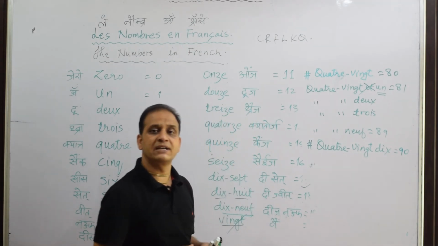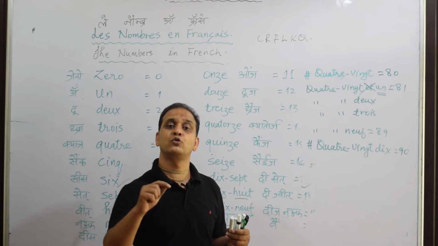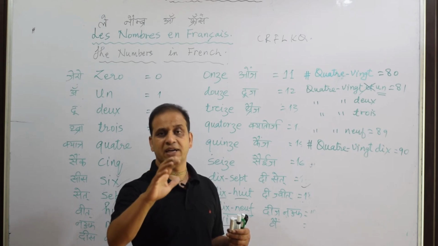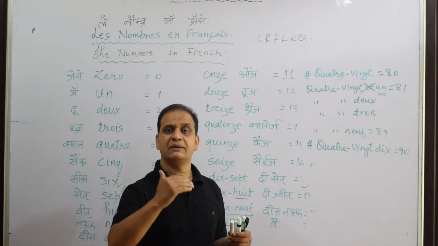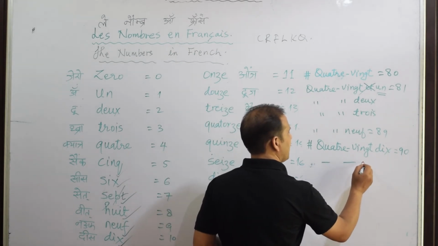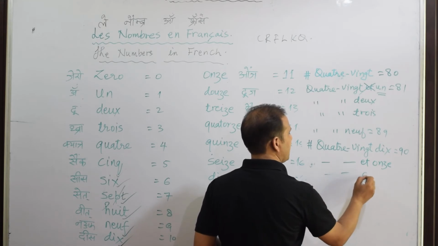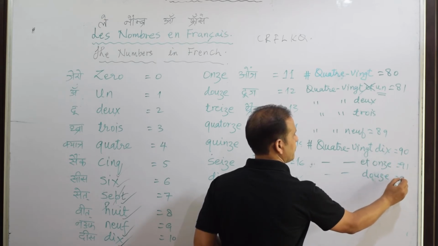And then how will you say 91? Exactly the way you formed 71. How do you do that? 60 plus 11, 60 plus 12. In the same manner, for 91 you will say 80 plus 11, 80 plus 12, like that. And 80, you know, 80 et 11. 91, 92.